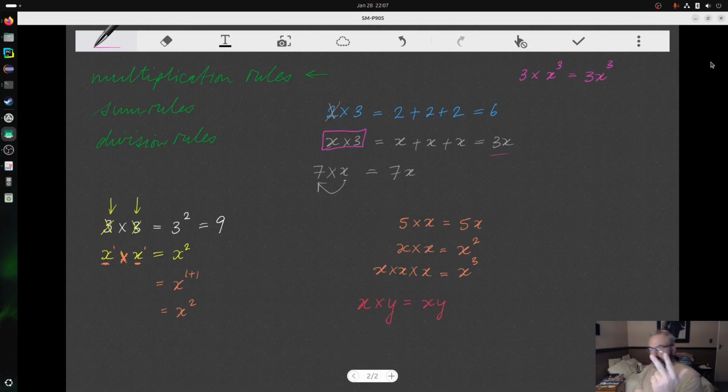Okay, so this x to the power of 3, you take that as a whole, and that's why I'm saying think of it like I've got 1 apple and I multiply by 3, so I've got 3 apples. In this case we can say I've got 1 pineapple and I multiply by 3, and now I have 3 pineapples, and x to the power of 3 in this case is now my pineapple. So you have to remember that, that's very important.